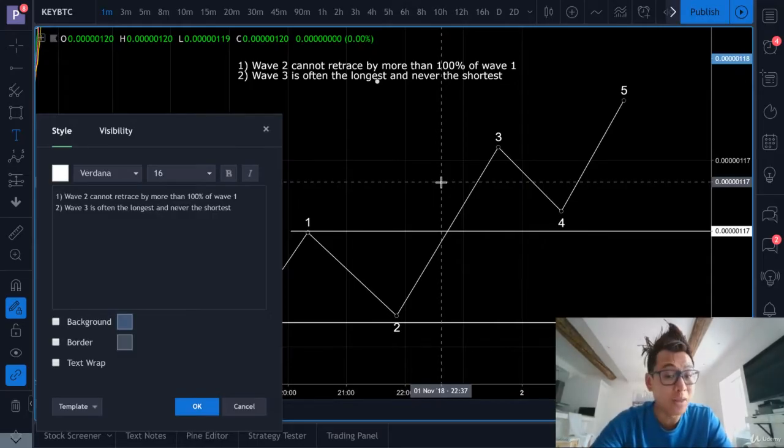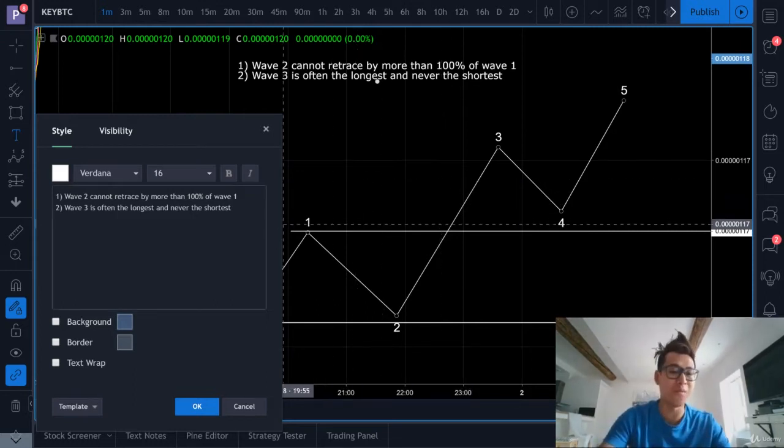Because wave 1 is actually longer than wave 3, so that means that wave 3 is shorter than wave 1, but wave 3 is longer than wave 5, which still makes it a very strong candidate for an Elliott wave.